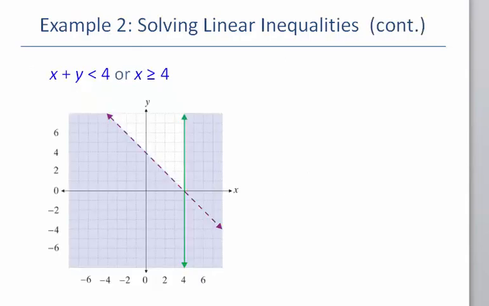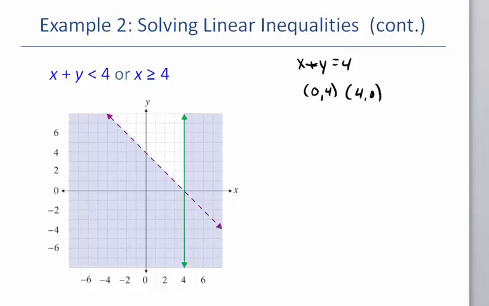So our first equation, x plus y is equal to 4. Recall that our 2 points we had were the point 0, 4 and the point 4, 0.